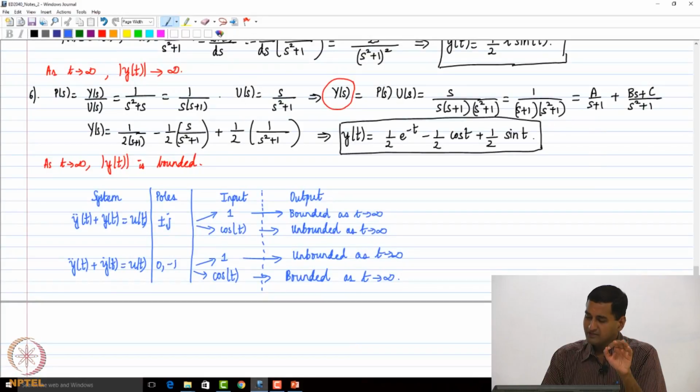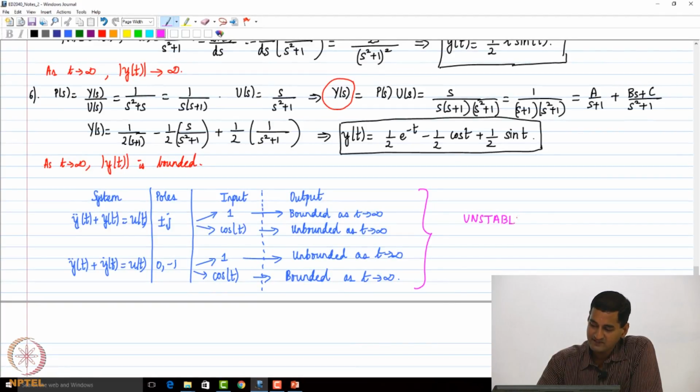Now, if we apply the definition of BIBO stability to these two examples, we should brand them as unstable, isn't it?